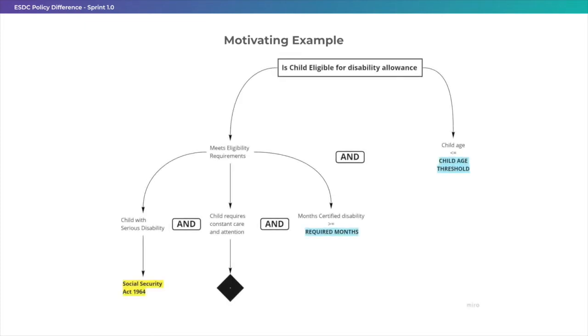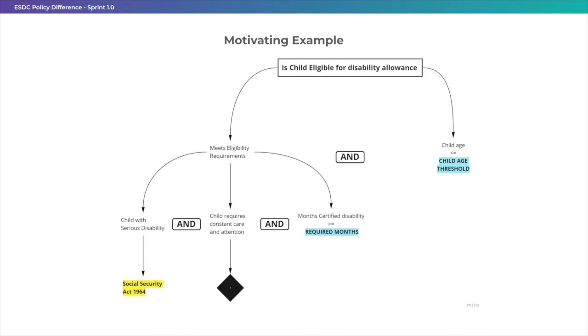Having a serious disability as defined by the Social Security Act from 1964, it needs to be observed that they require constant care and attention, and they need to meet the threshold for months of having the certified disability. And furthermore, they also need to be of the age that meets the child age threshold, which in this case is 18.